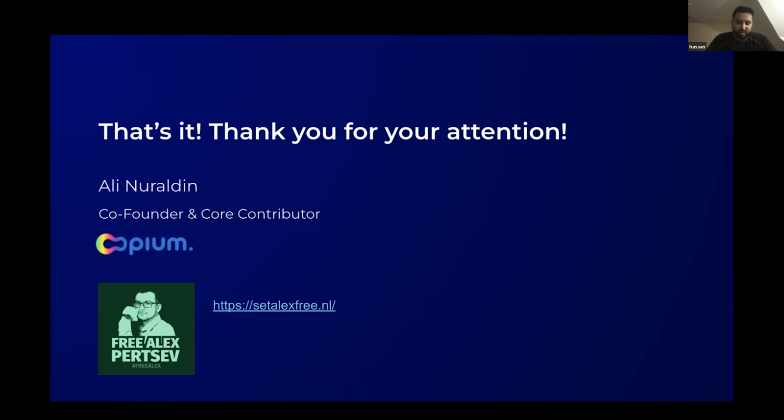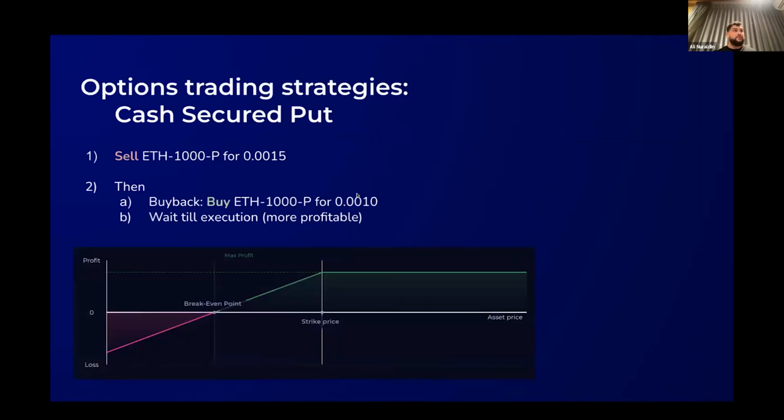Ali, I can't see any questions in the Telegram at the moment. So if there's anything you want to talk about for the next 4 minutes, feel free to. In general, there are many different interesting strategies.